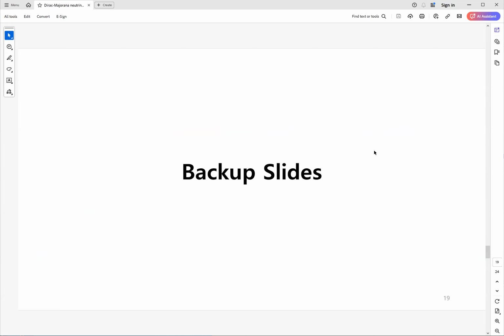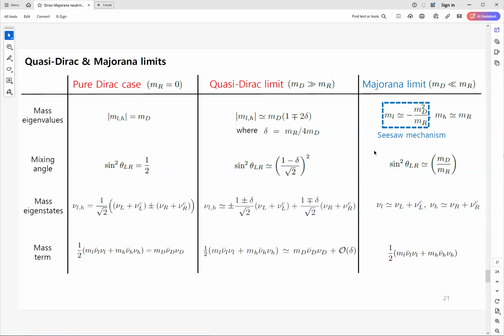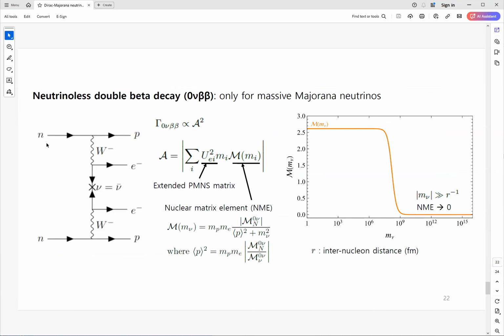There are some backup slides, but I will just skip these. There is some of the Dirac-Majorana spinor formalism: how can we obtain the mass eigenstates and mass eigenvalues from the neutrino mass matrix? There are several limits: the pure Dirac case and the Majorana limit. We found the mass eigenvalues and mixing angle. There are also some details about neutrinoless double beta decay.